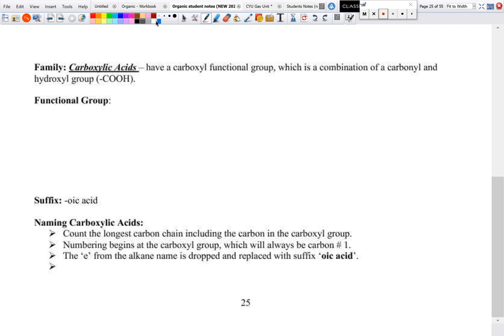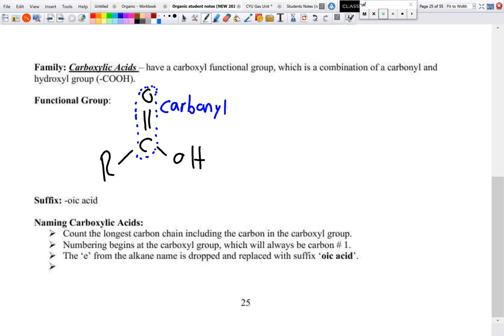So our carboxylic acids have a functional group that looks like this. Now, the carboxylic acid functional group, so the carboxyl functional group, has a combination of 2 different functional groups. So the C double bond O is called a carbonyl functional group.